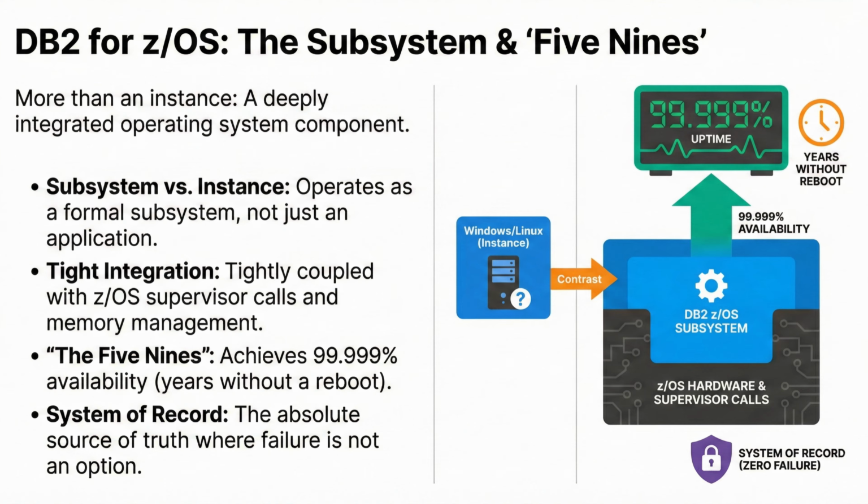That is 99.999% availability. We're talking about systems that can stay up and running for years without a reboot, even while you're applying software patches or upgrading hardware. It is designed for what we call systems of record, the absolute source of truth for critical data where failure is simply not an option.